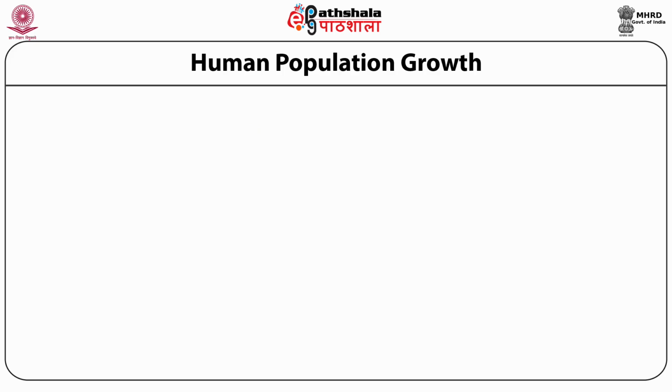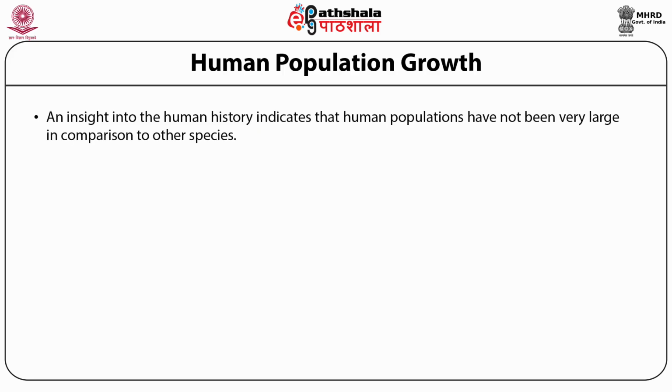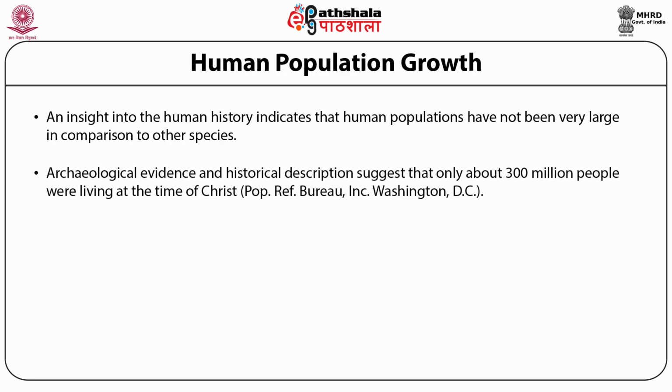Human population growth. An insight into human history indicates that human populations have not been very large compared to other species of organisms. For thousands of years, population growth has been very slow. Archaeological evidence and historical descriptions suggest that about 300 million people were living at the time of Christ.